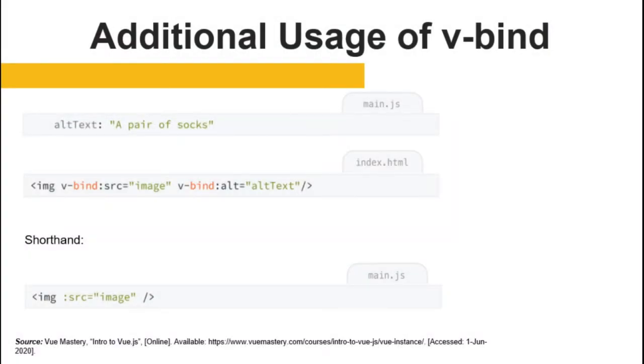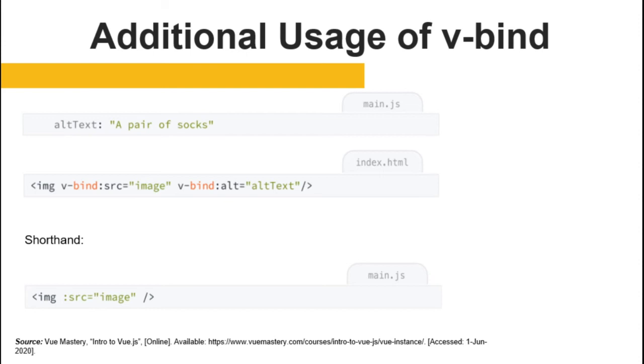Now for the additional usage of v-bind, we can use v-bind again here if you want to bind alt text data to the same img element. So if you add this in our data, we can bind that to the alt attribute like so. In both of these cases, we've used the syntax v-bind, and after the colon, we've stated which attribute we're binding the data to, src and alt in this case.